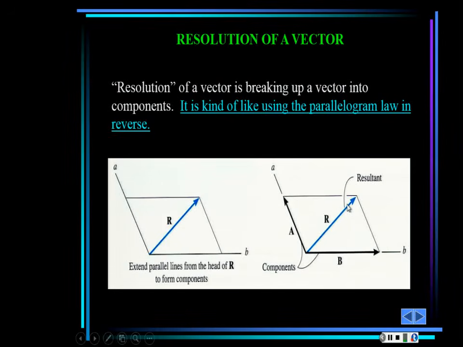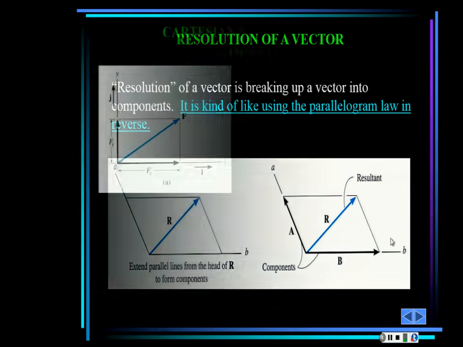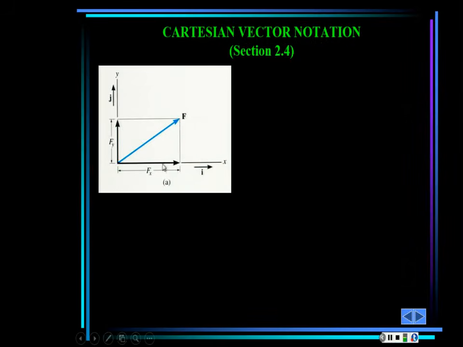Now, resolution of a vector. Resolution of a vector is kind of using the parallelogram law in reverse. That's what it says there. But it's basically breaking up the vector into components. Now, if I ask you, what is the x component? This is the force F, and this angle is alpha, let's say. Pay attention. This angle here is alpha.